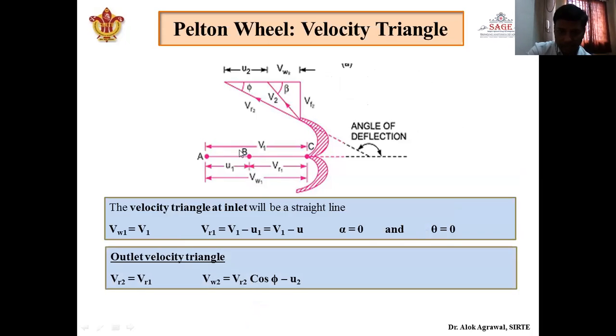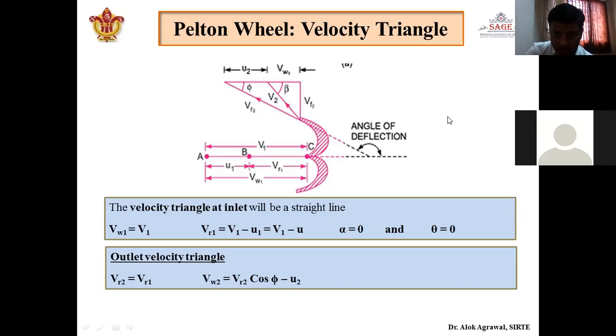In the outlet velocity triangle, if there is no frictional loss while the jet is traveling over the blade surface, then we can consider that the relative velocity at outlet is equal to the relative velocity at inlet. With this, to calculate VW2: it is the cos component of VR2, meaning VR2 cos phi minus U2 will give VW2, and U2, U1 and U are all the same, as we have already seen.